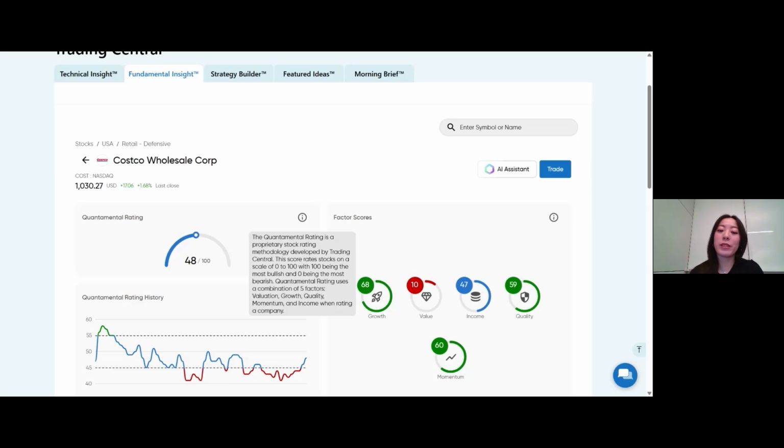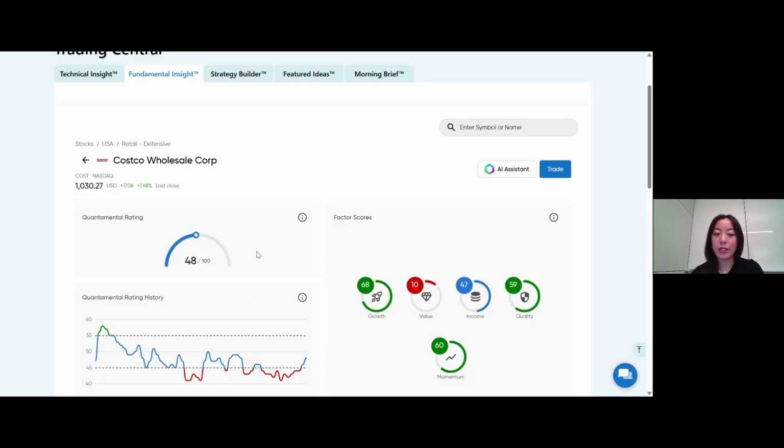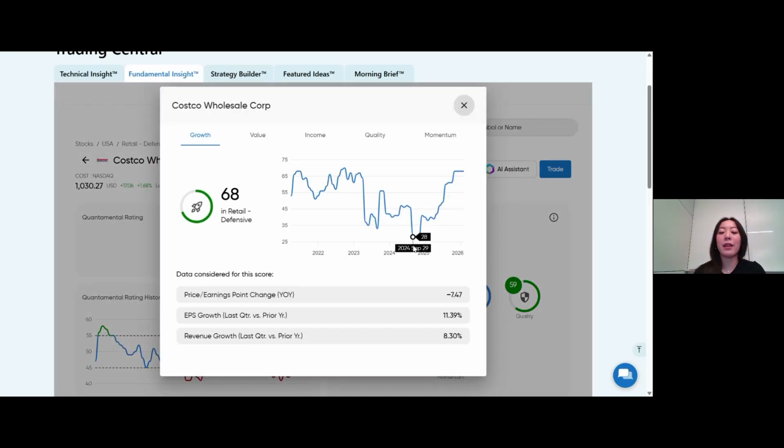The way they come up with this rating is these 5 different factors here. They give a score for each of the factors, and then combine them into one single rating out of 100, which is your TC Quantamental rating. If you wanted to drill down into each of these factors in more detail, let's say you wanted to see why Costco is scoring a 68 out of 100 under growth, you can see that Fundamental Insight takes a look at the data points for price to earnings and revenue growth, and these are pulled from the financial statements of Costco.